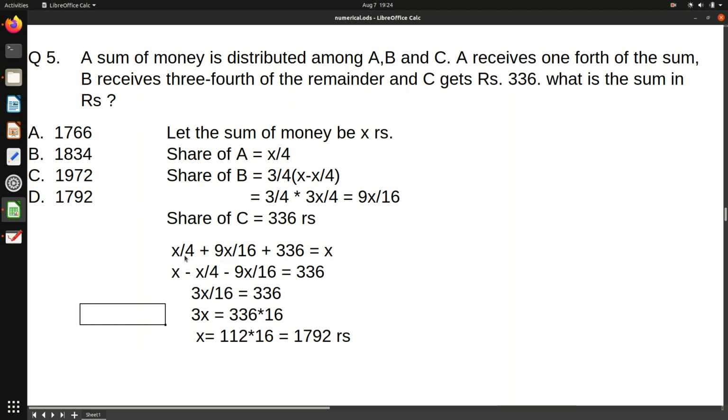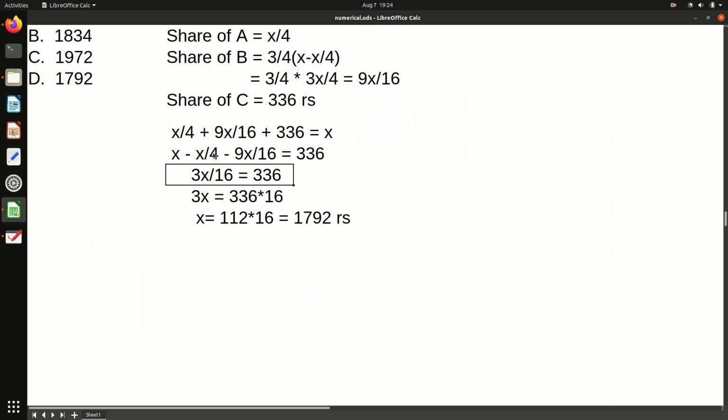Now in this equation, everything is in X. So can you not solve this? Yes, you can easily solve this. So from here just solve the value of X. X minus X by 4, that's all. So you can see now we can easily solve this. So 3X equals to something, and X will be equal to 1792 rupees.